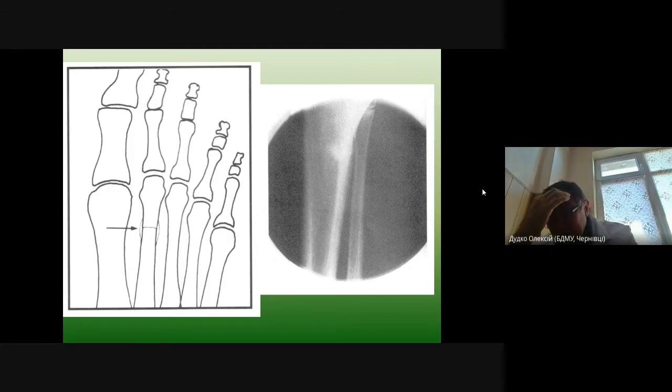So very common question is that actually what may happen if the fracture like this one, non-displaced, is not immobilized. So depends, of course, from the location, but the most obvious answer is the fracture can become displaced.